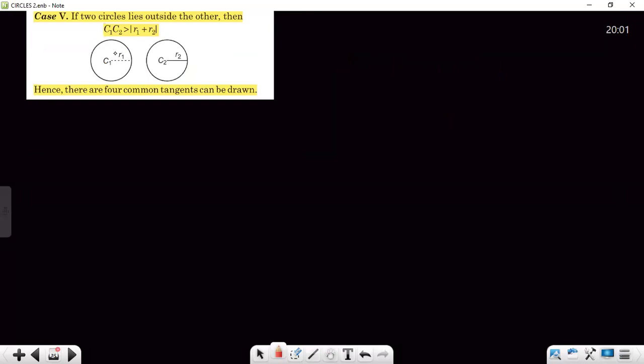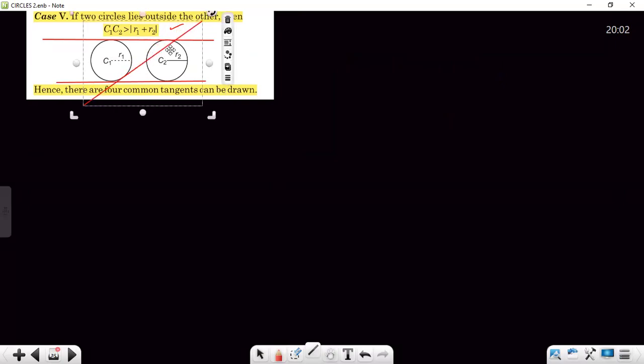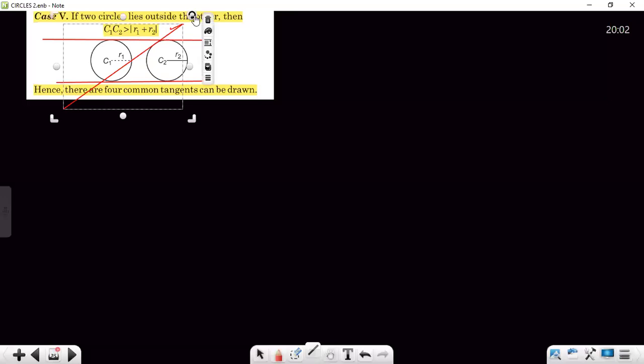If the circles are not touching at any point, then simply the distance between both of the circles is more than the sum of R1 and R2. That's self-explanatory. Common tangents, this is the one, and one more common tangent like this.